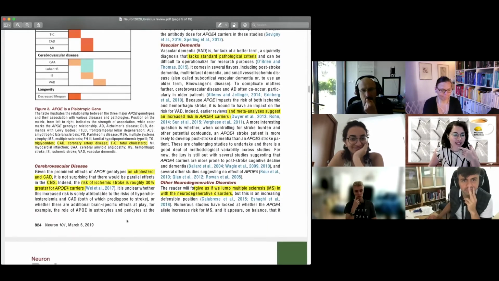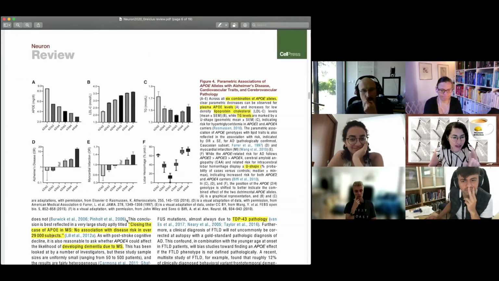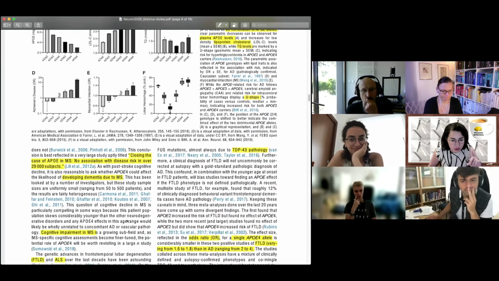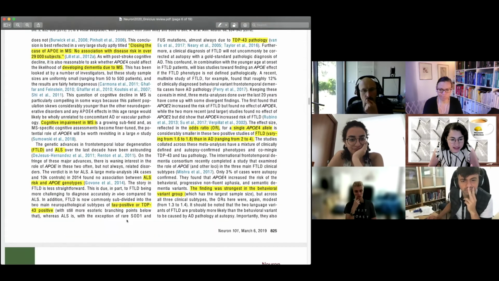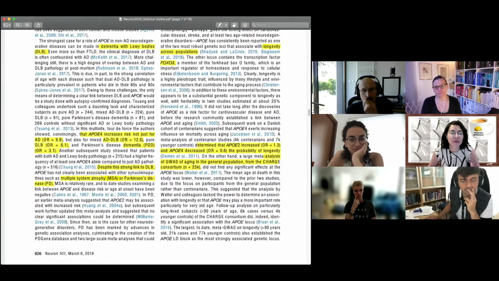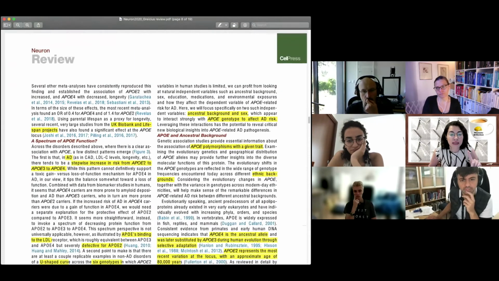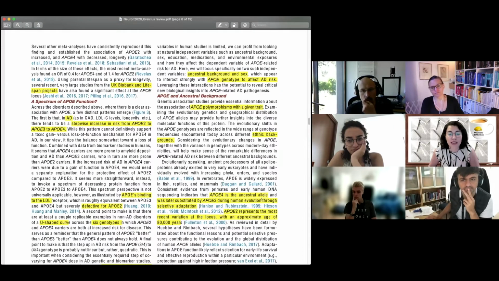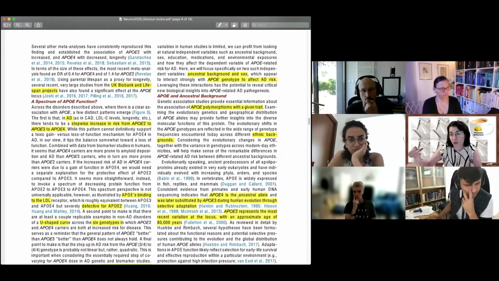Indeed, and I will go back to that, but I want to jump into the evolutionary perspective, which is really nice, where they explain that it seems the APOE4 was the ancestral allele, so the first one to be present, and then genetic variations brought about APOE3 and APOE2.